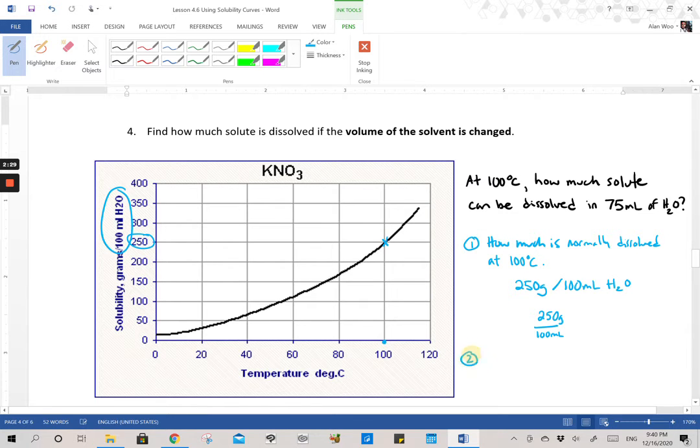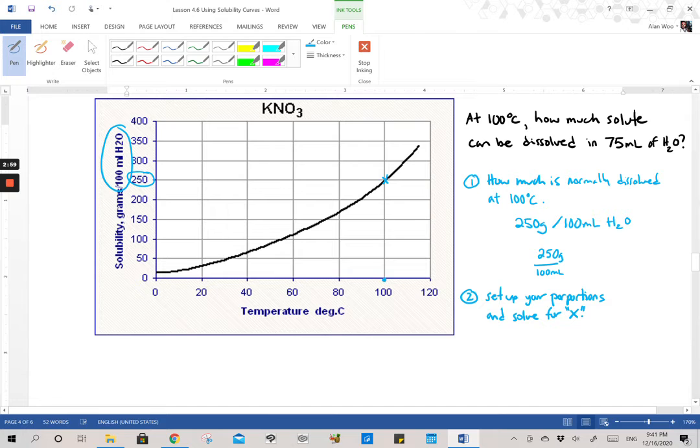So, step 2. Set up your proportion and solve for x.